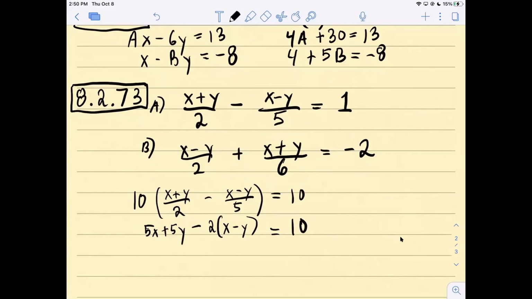You could have gotten the same exact thing if you did a common denominator. Either way is totally fine. Now, being careful with the signs, this would be 3x minus 2 plus 2y plus 7y is equal to 10. So that's the first equation.